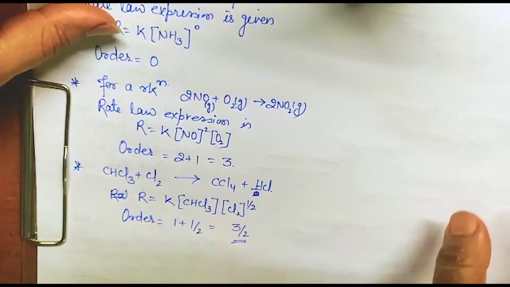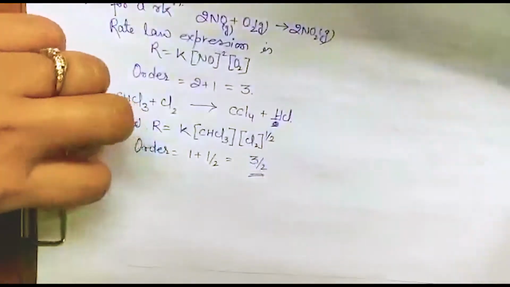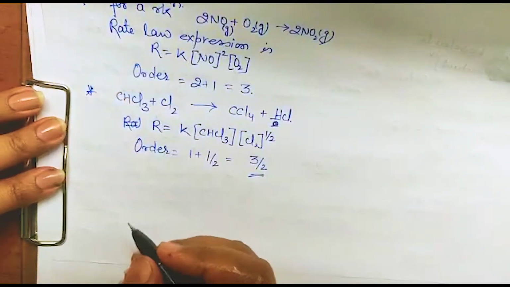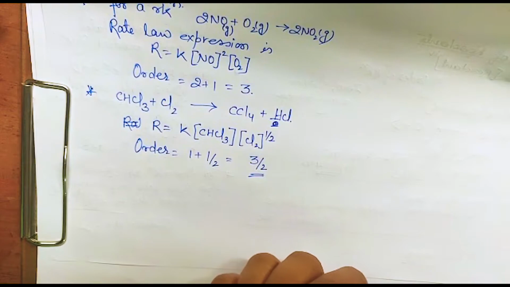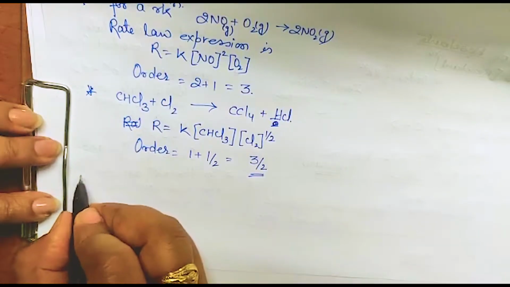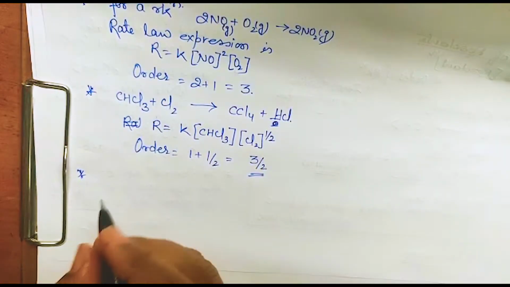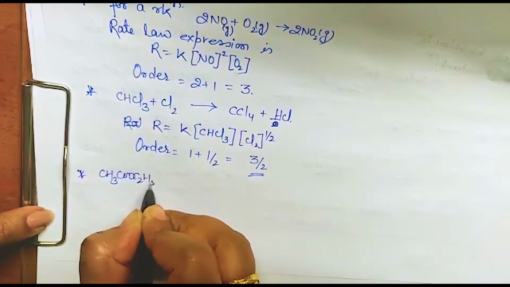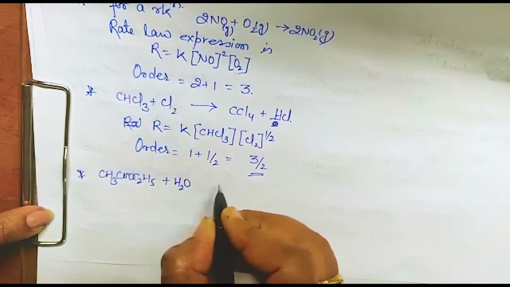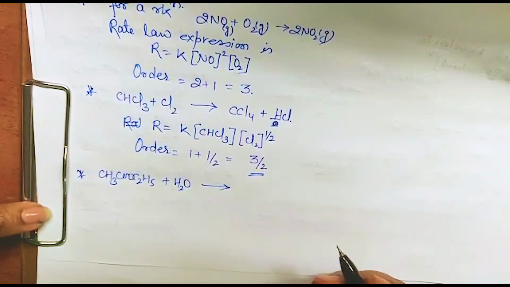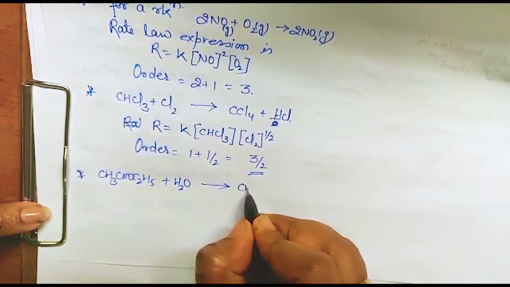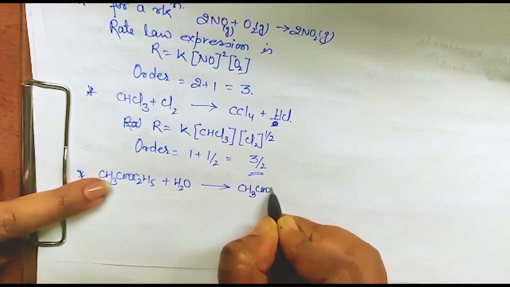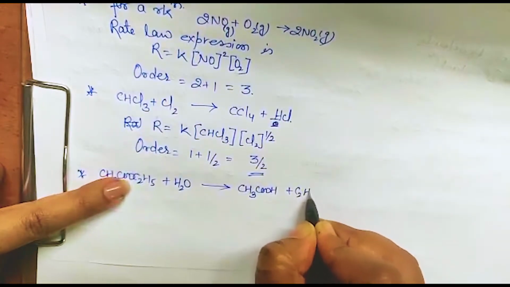Another example, like we have done the hydrolysis of sucrose, we can do the hydrolysis of ester also. Okay, so let me write the example. This is CH3COOC2H5. If it undergoes hydrolysis, it gives, you all know this, ester on hydrolysis gives alcohol and acid: CH3COOH plus C2H5OH.